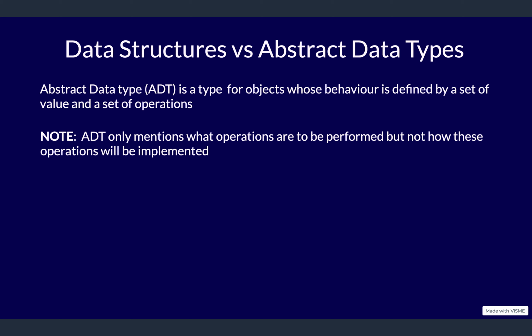An abstract data type only tells you the set of values and set of operations that define the behavior of an object, but it doesn't tell you how the object actually implements those operations.